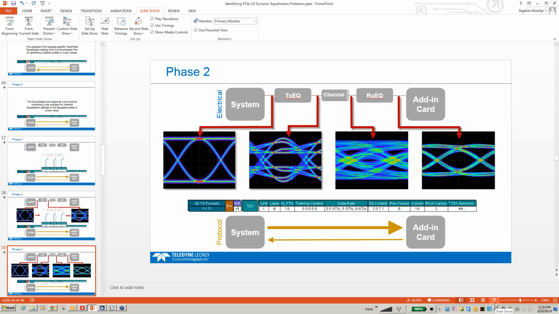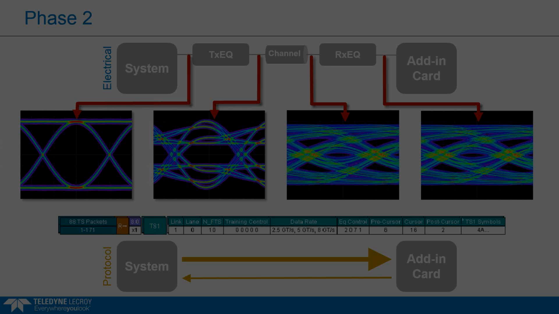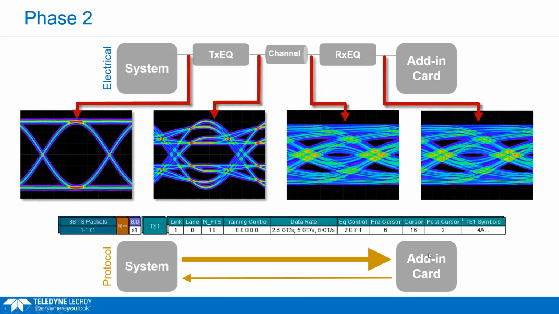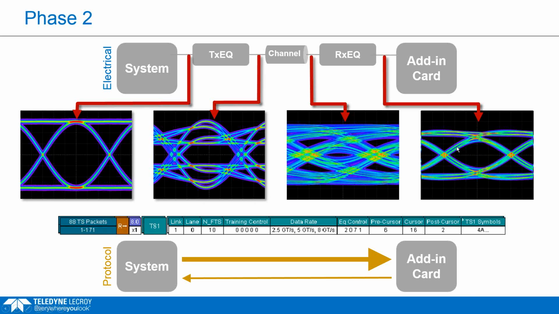Okay, yeah, sure. Let me clarify that a little. Initially the add-in card goes first, and it adjusts the TXEQ of the system and its own RXEQ. It sends a request saying set your TXEQ to something, and it can be a cursor or a preset. Once the system responds and says it has set those settings, the add-in card adjusts its receive equalizer.